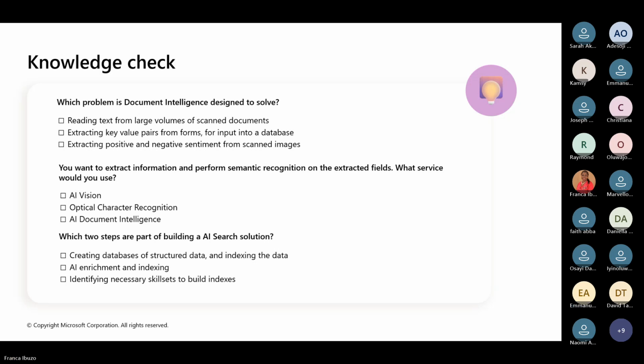Does anybody disagree? Yeah, because it says which two steps are part of building an AI search solution. So it's AI enrichment and indexing. These are the things we went through now.